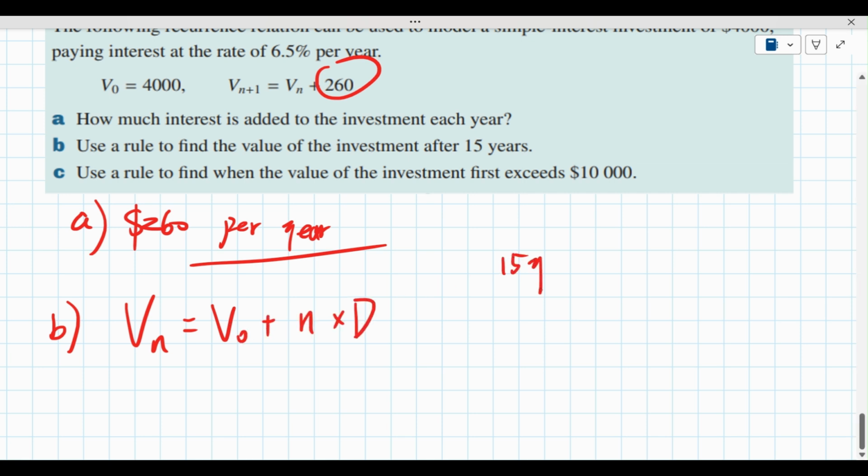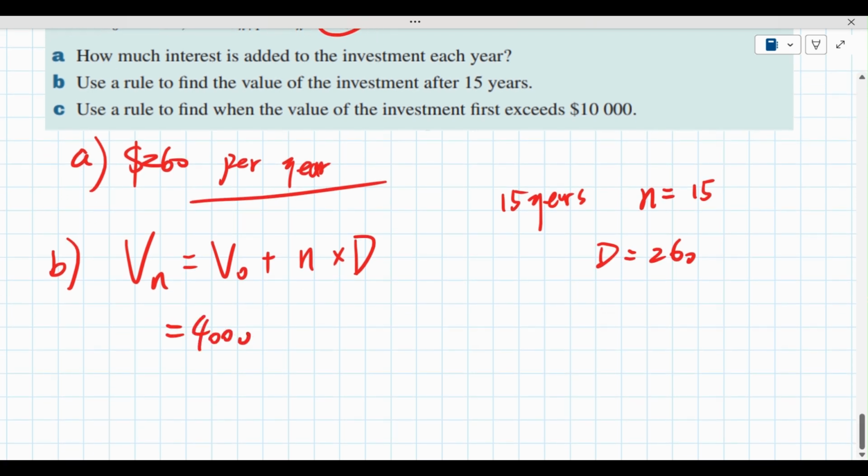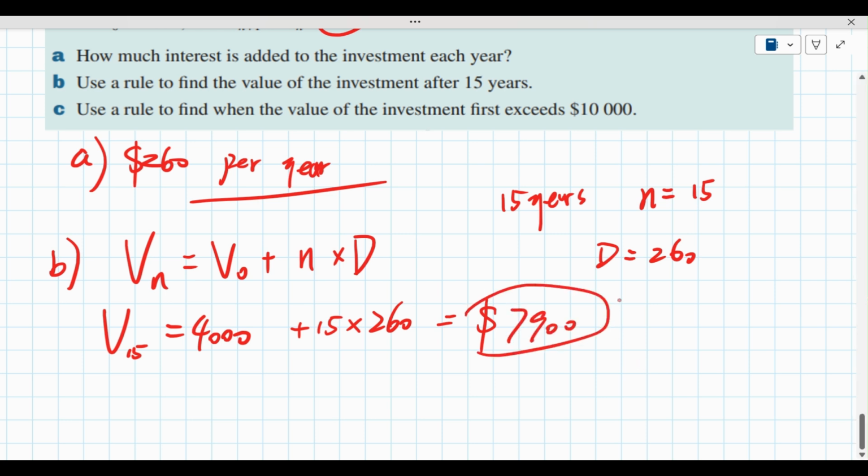It's 15 years, so n equals 15, and d equals 260. V0 is 4,000, so V15 equals 4,000 plus 15 times 260. Using the CAS calculator, that will be around $7,900. So this is question B.